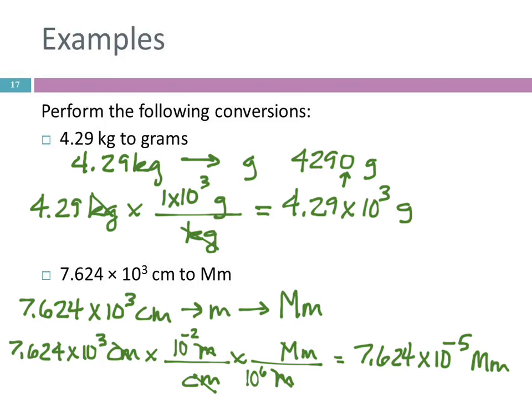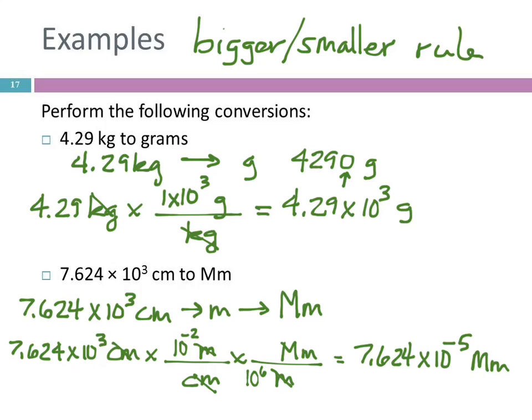There's a little trick, not really a trick. It's always good to look at your answer and ask yourself, does it make sense? And you can apply something that I call the bigger, smaller rule for unit conversions.